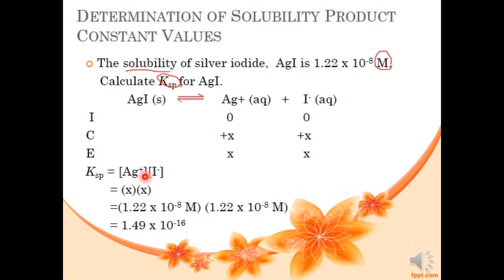Here the coefficient is 1 because each is 1. So x times x, given the molar solubility. So we substitute this concentration inside the expression. So the Ksp value is 1.49 times 1.49 times 10 to the power of negative 16.